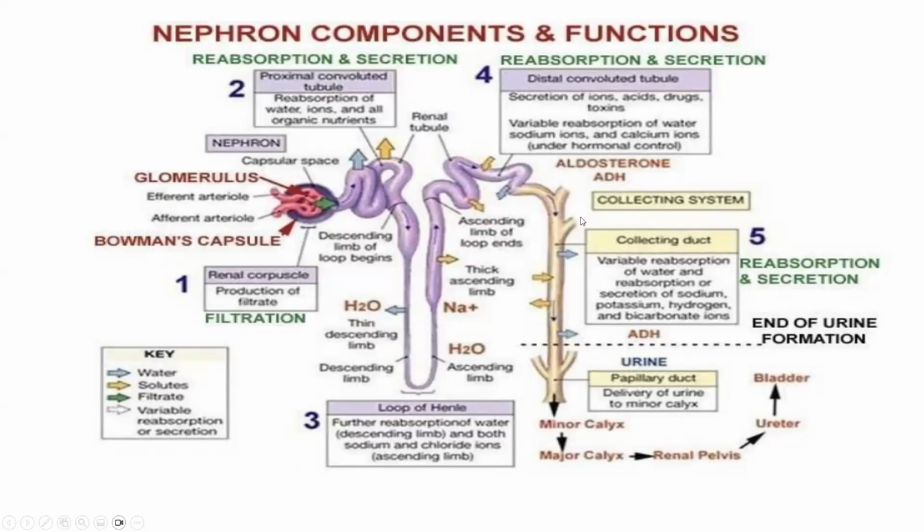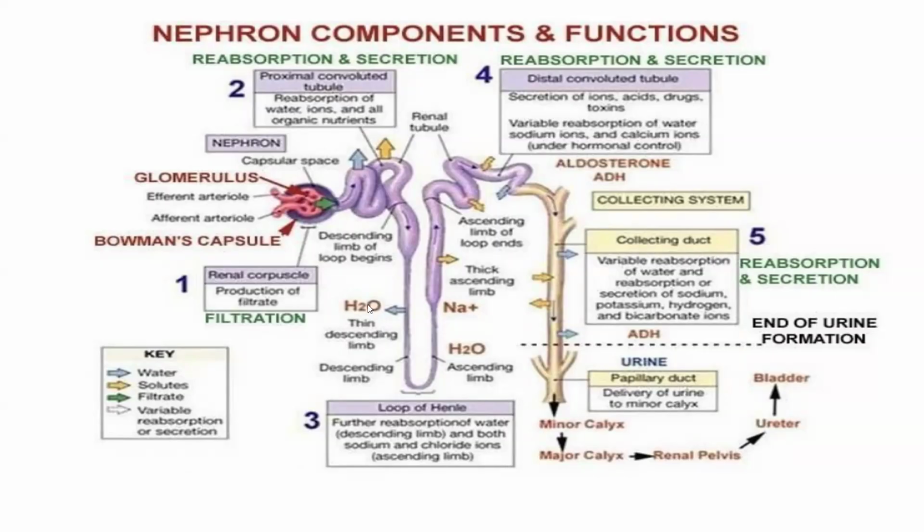All right. So this is just a chart that's walking you through the whole process here. Okay. But you have the production of the filtrate. Then you have reabsorption and secretion of the water and the nutrients. You have further reabsorption here in the loop of Henle. Okay. This is where your diuretics work, like furosemide is right in here.